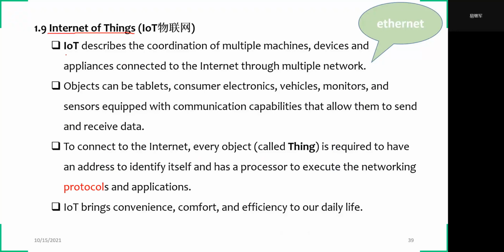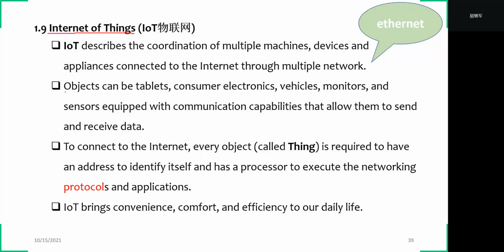IoT, Internet of Things, describes the coordination of multiple machines, devices, and appliances connected to the internet through multiple networks.